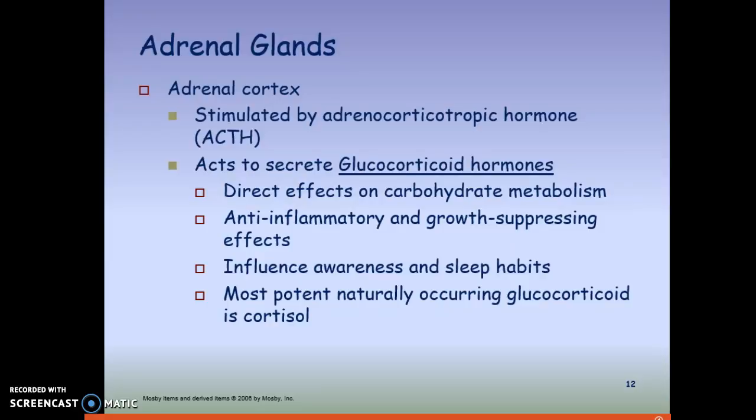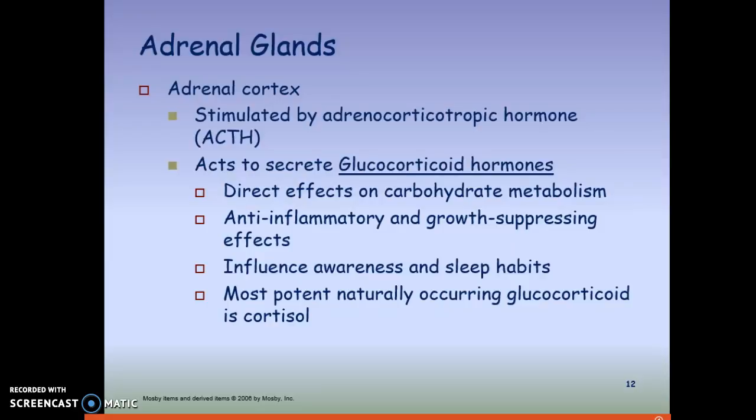This comes from the pituitary. What this hormone allows is the utilization of cholesterol, and the gland will use cholesterol to synthesize hormones. So, a small amount of cholesterol is necessary for life.